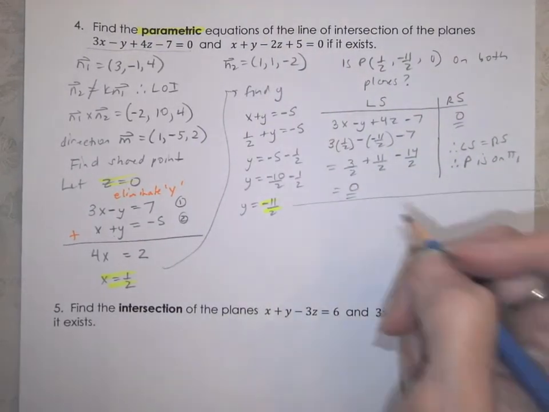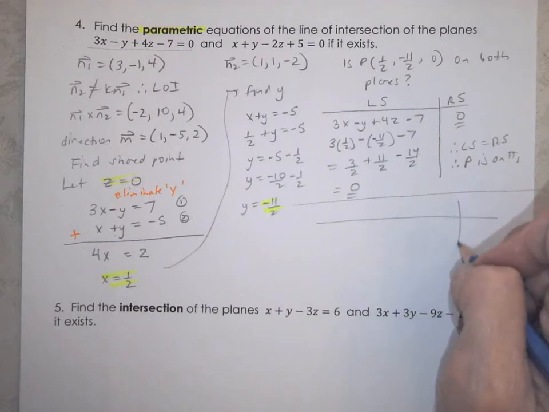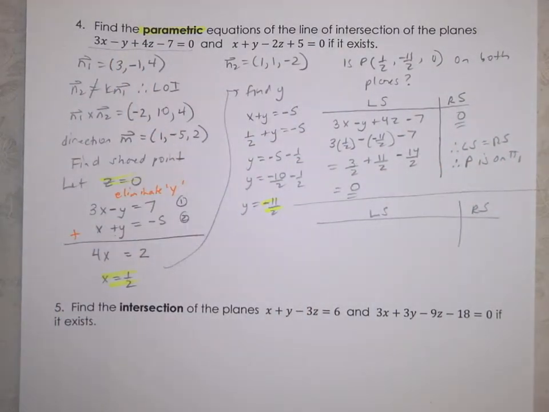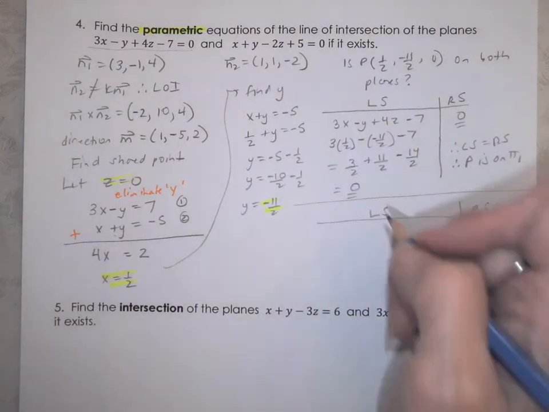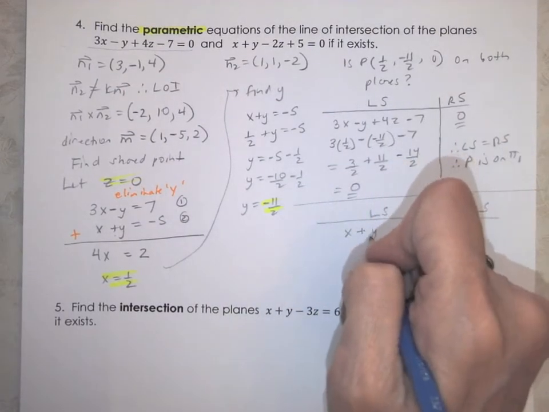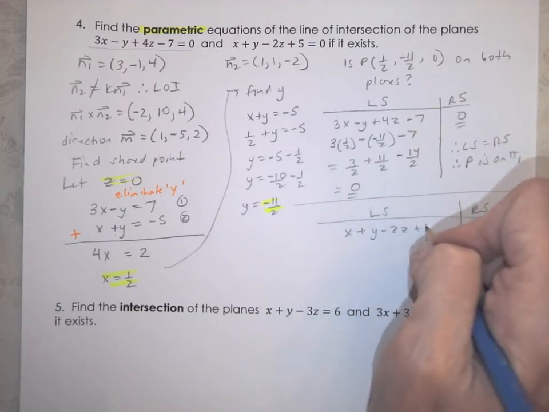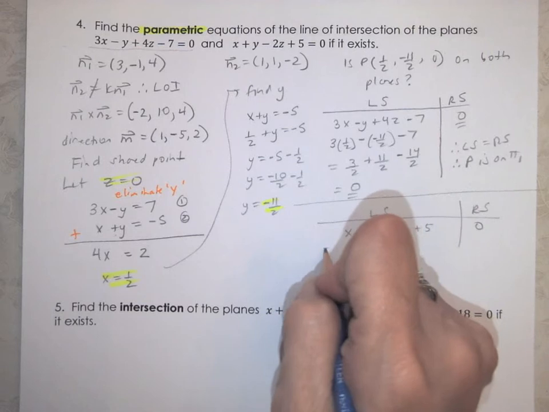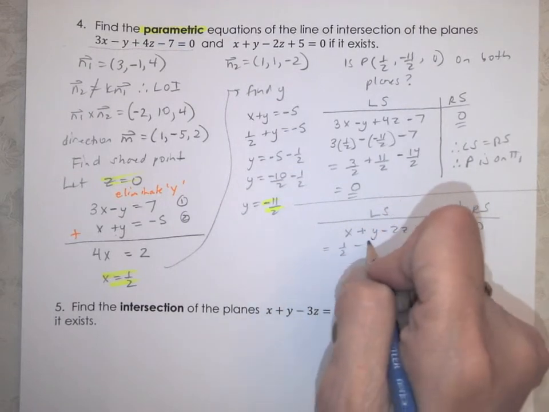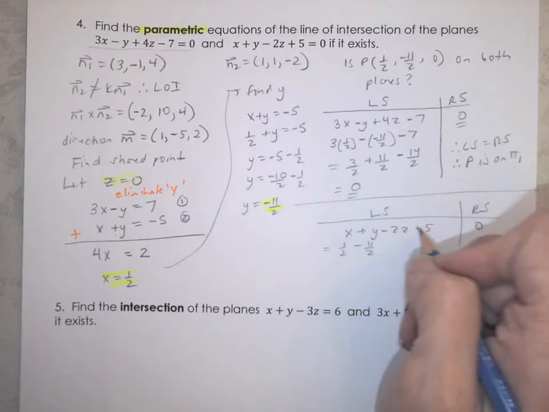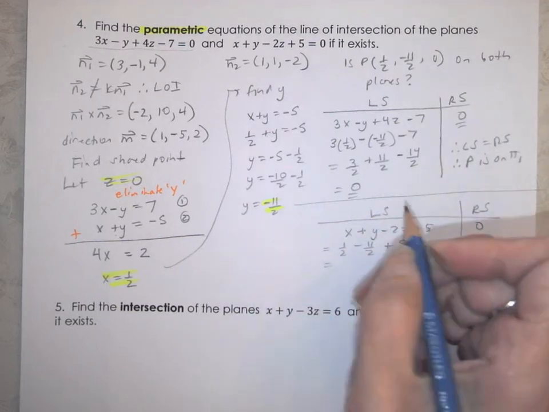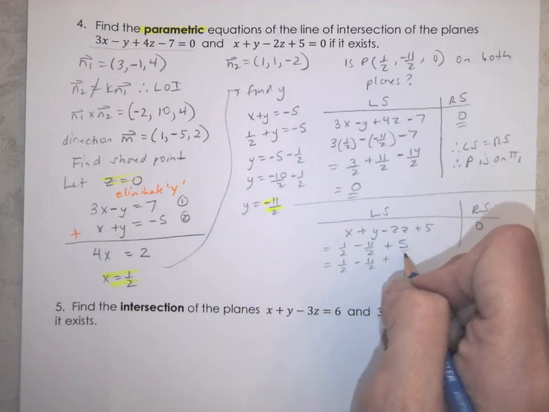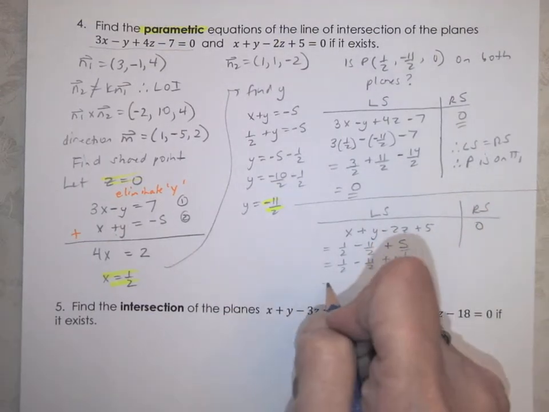So now we're going to see if it's also on the second plane. So my second plane is x plus y minus 2z plus 5 equals 0. So x is a half minus 11 over 2 minus 0 plus 5. So a half minus 11 over 2 plus, I can change 5 over 1 to 10 over 2.